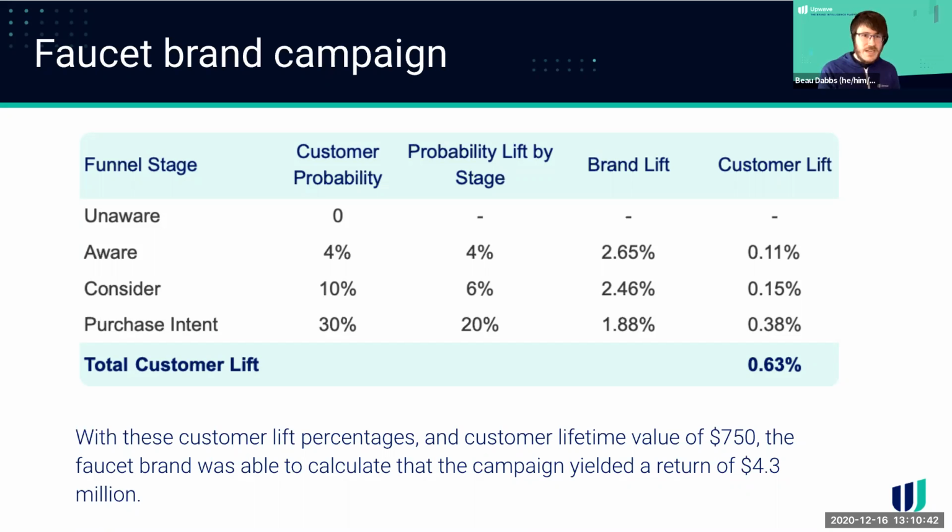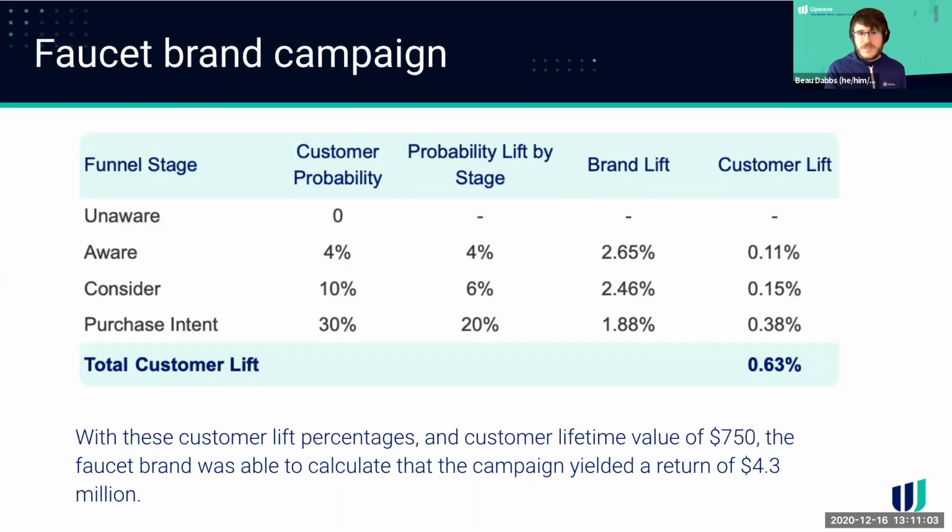Thus, we can confidently say for this campaign that we saw 2.65 percentage points of lift in awareness. And for each of those 2.65% of people, we expect 4% of them to turn into customers, of which 0% would have become customers before. This means we've generated 0.11% lift in customers.